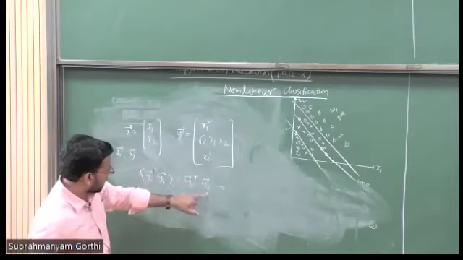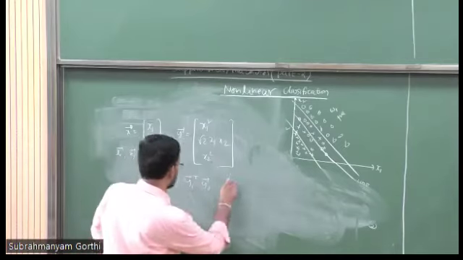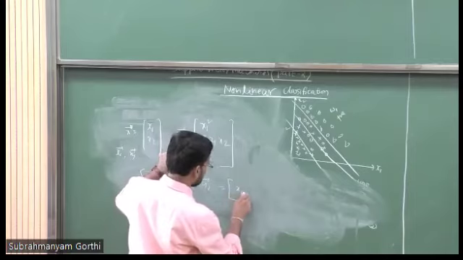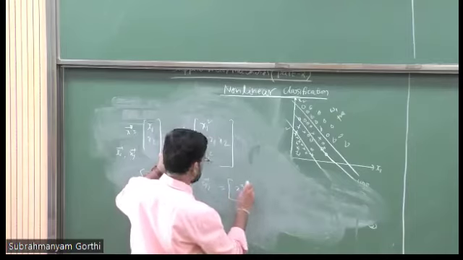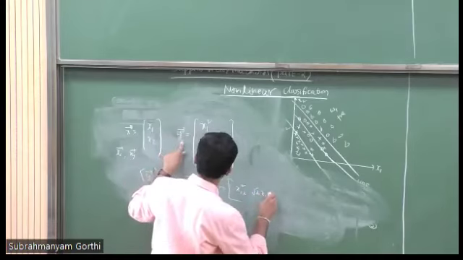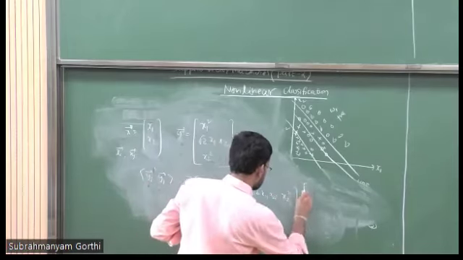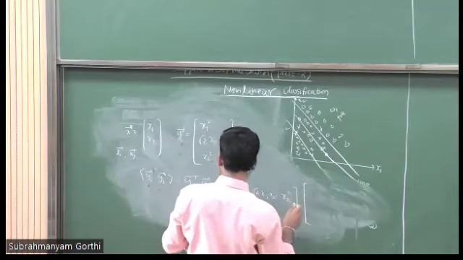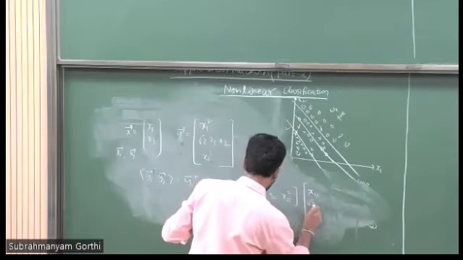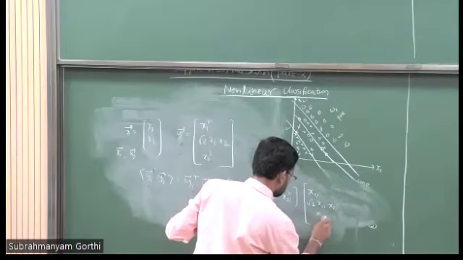Well, i and j are there, put them here. When you put the equations, let's say I write yi bar transpose as x1i square, root 2 times x1i x2i, x2i square, this whole thing multiplied by, now I have j here, so x1j square, root 2 times x1j x2j, x2j square.